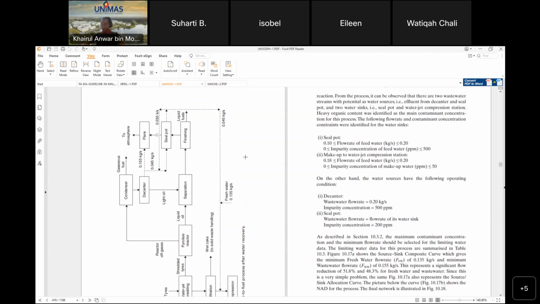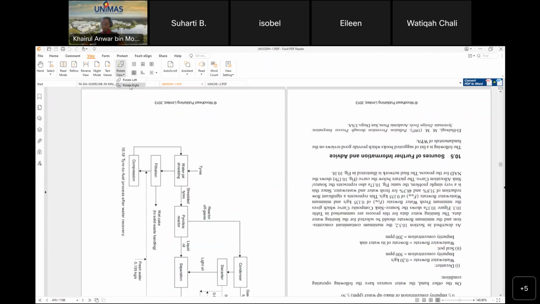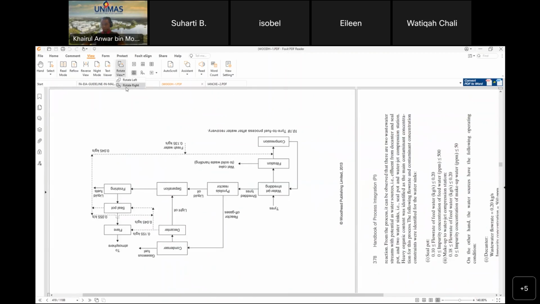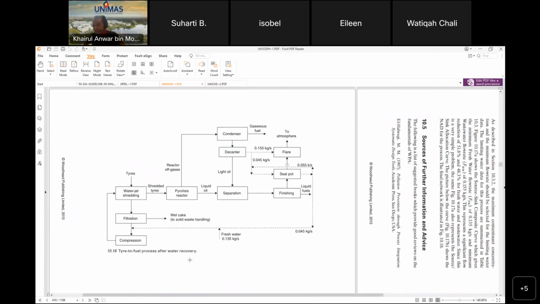So after the pinch, the dotted line is the reuse.